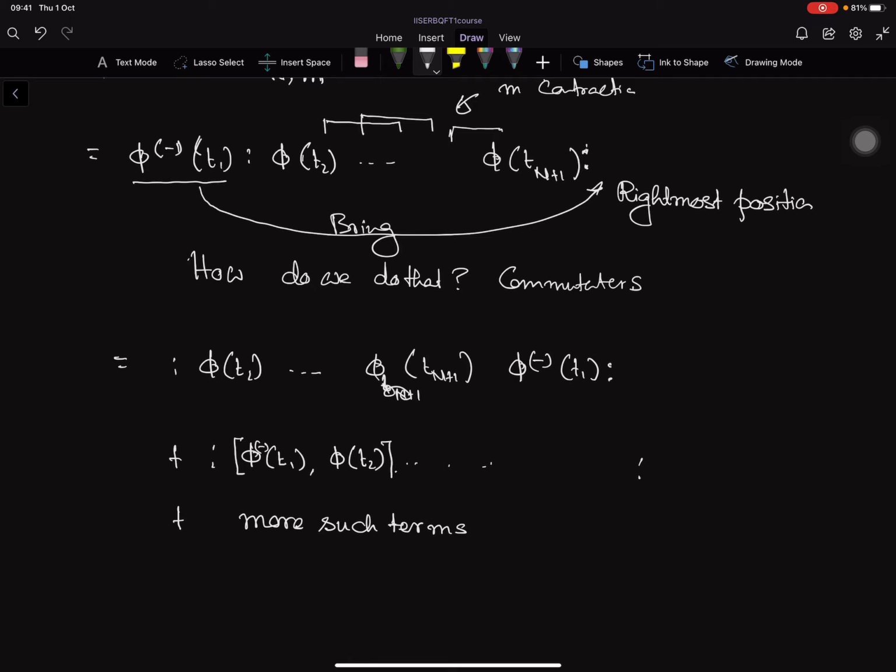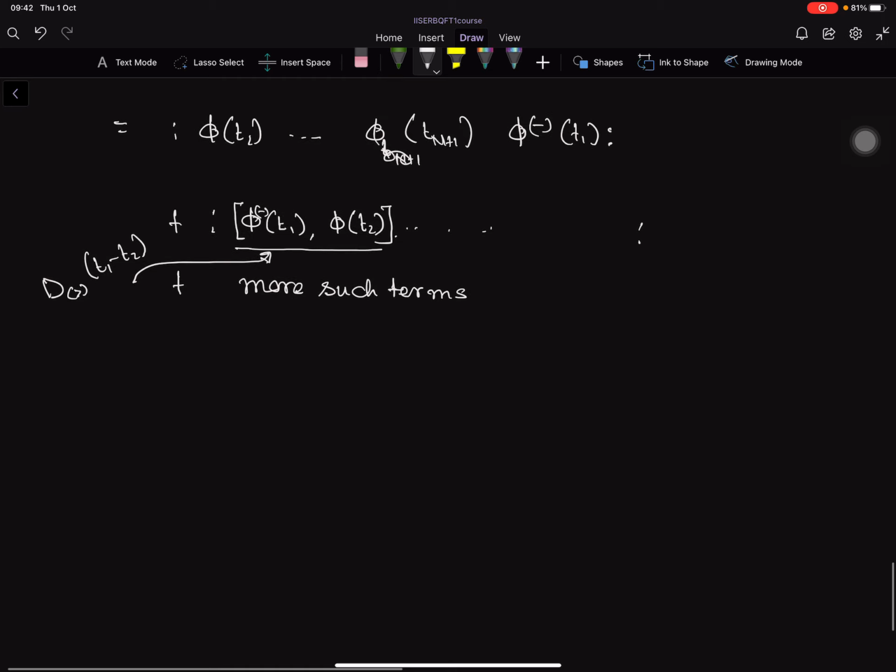Now all of this will simply give you these Wick propagators. We have shown it. So what will we get?